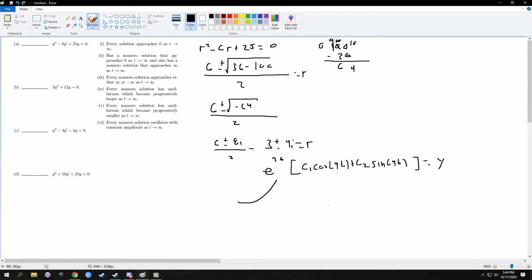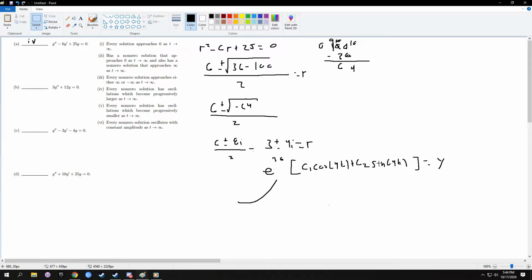As e to the 3t gets very, very large, this is going to be oscillating. This whole function is oscillating, and the amplitude is increasing. So we can say it's going to oscillate and increase, so this is going to be this one. Cool.